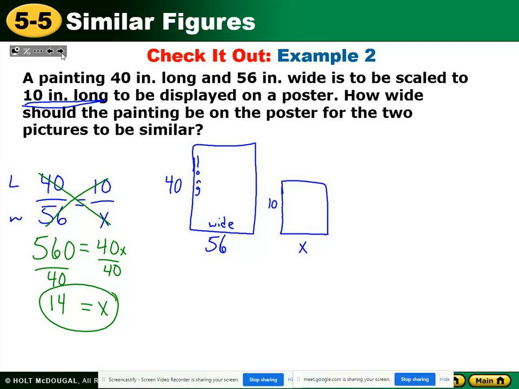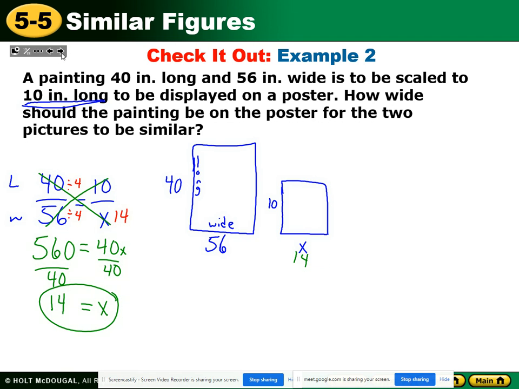So this side is 14. All right. Did you see the shortcut, Gavin? What is the shortcut, Gavin? Do you see how they divided by 4? Divided by 4. Well, that's 14. Because that's what we ended up doing, divided by 40, right? So, do you see how that was just reducing fractions? If you like to cross multiply and divide better, that's fine. That's probably good. But if you can start to see that correlation, good for you.